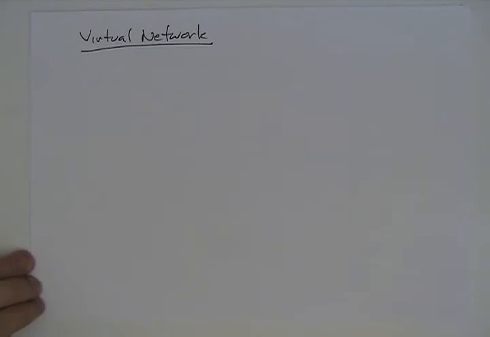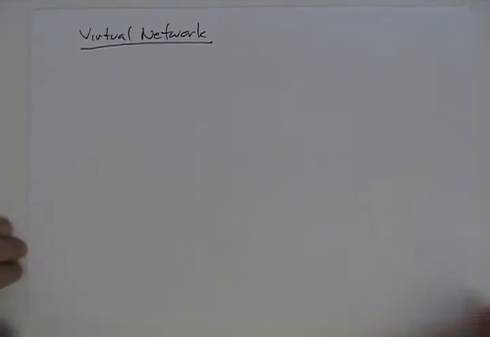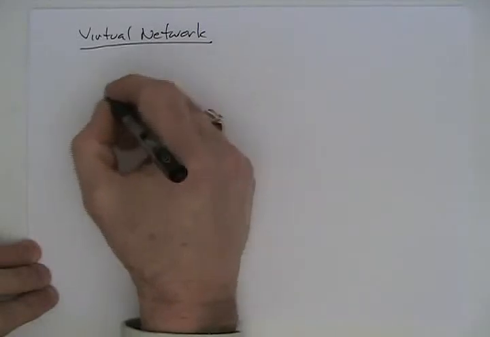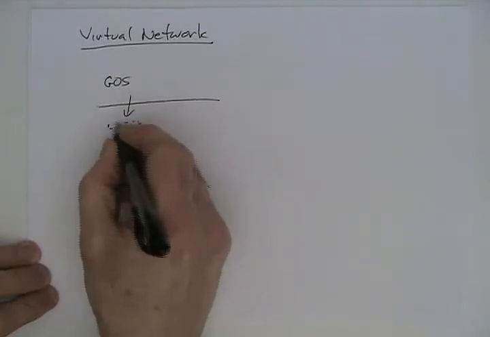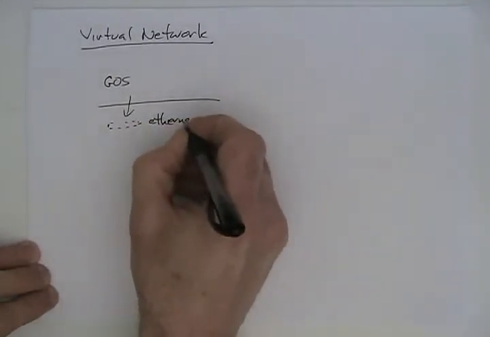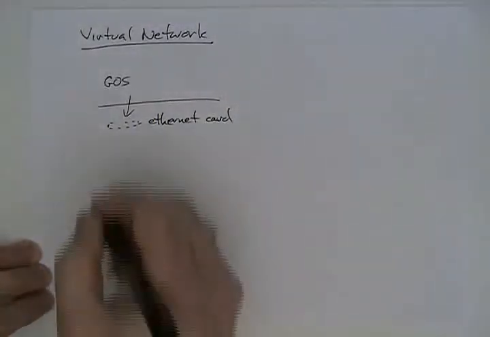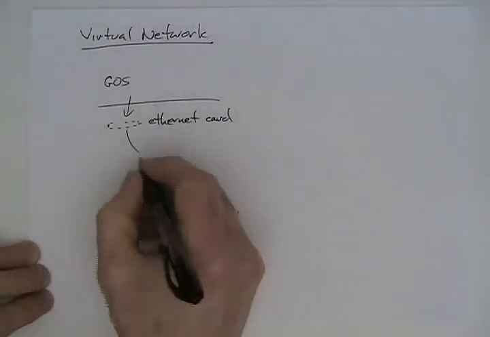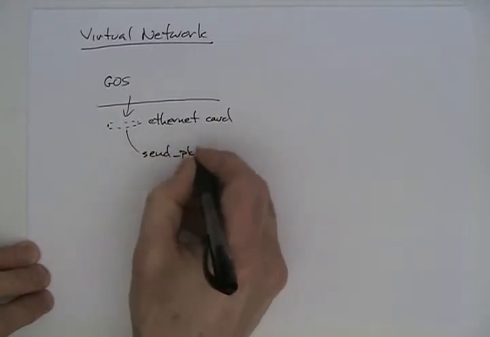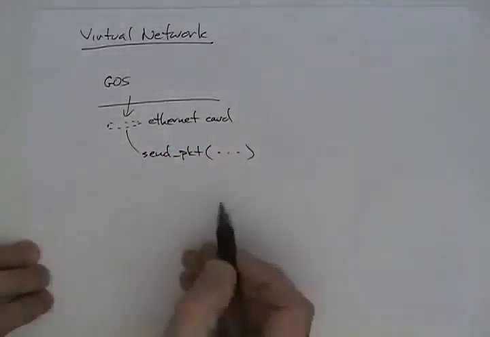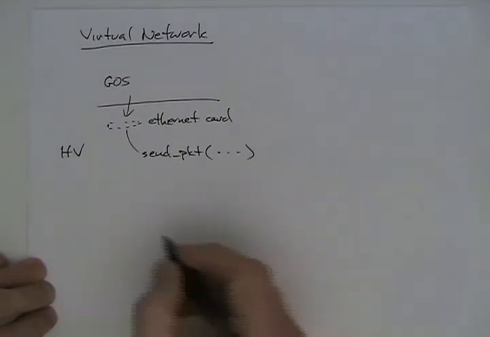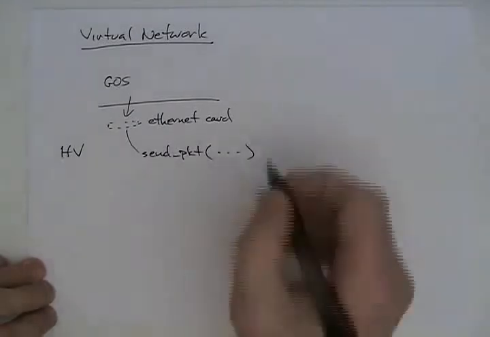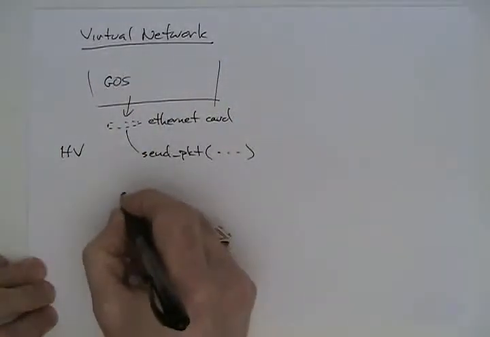Typically for server virtualization, again, the guest OS thinks that it's talking to an Ethernet, when in fact it's talking to some send packet function within the hypervisor. What you'll do in server virtualization is essentially you'll give each virtual machine its own Ethernet address.